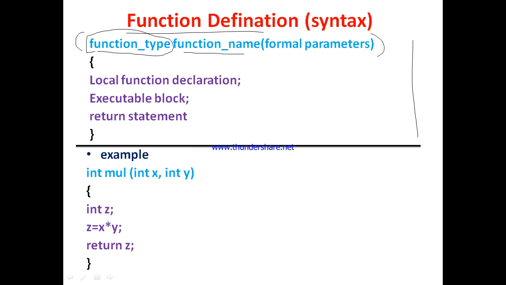The second part is the function name. The function name should be appropriate to the task. I told you that if a function is performing subtraction of two numbers, then the function name is sub. If a function is performing the power of a number, then the function name may be power or exponent. The third part is the formal parameters.